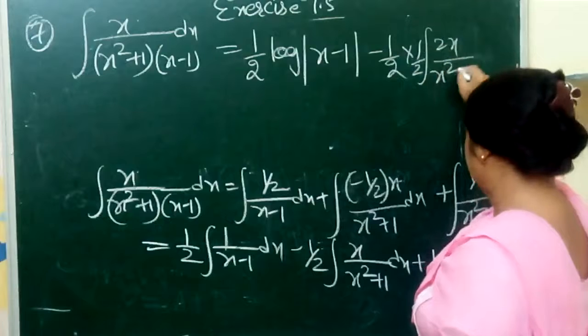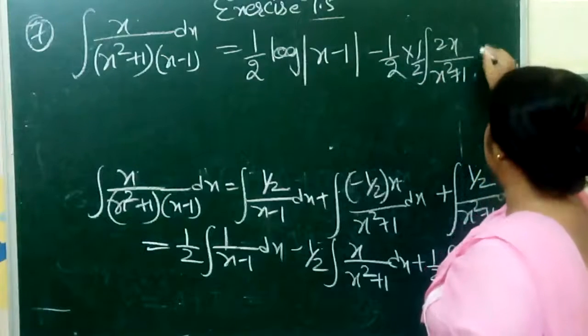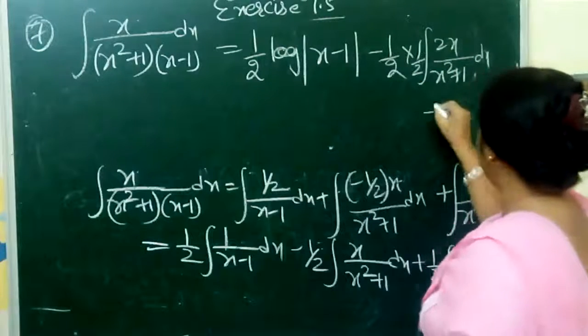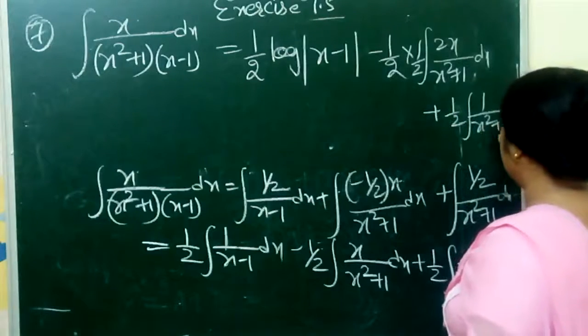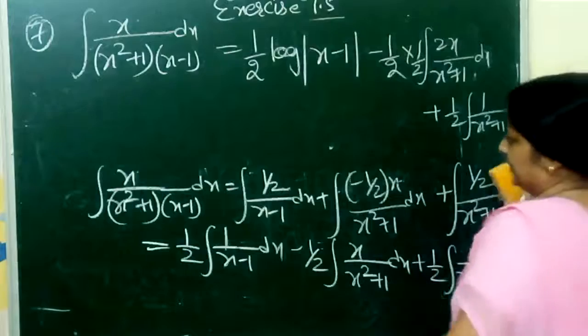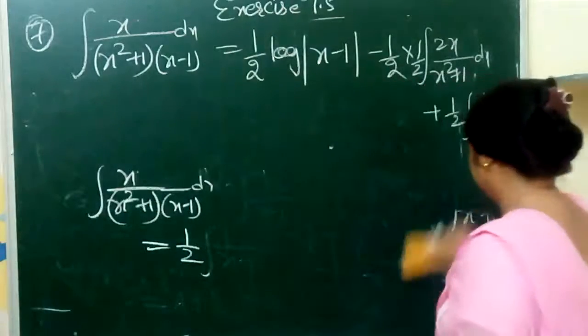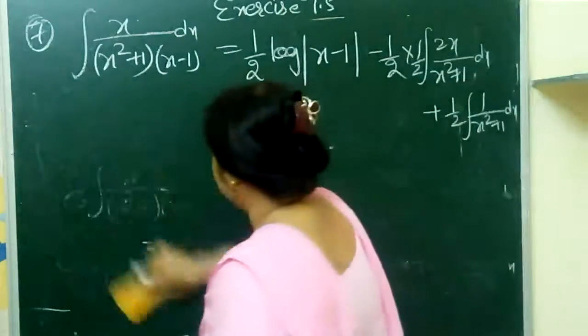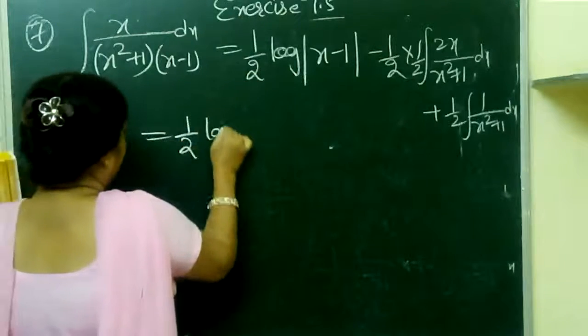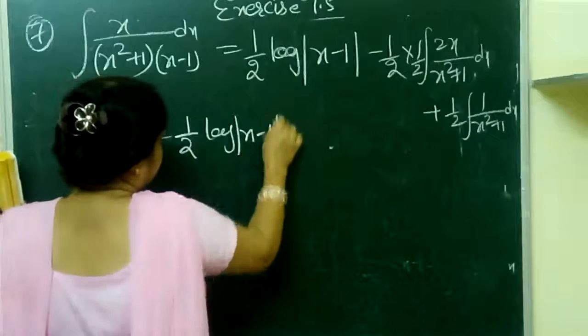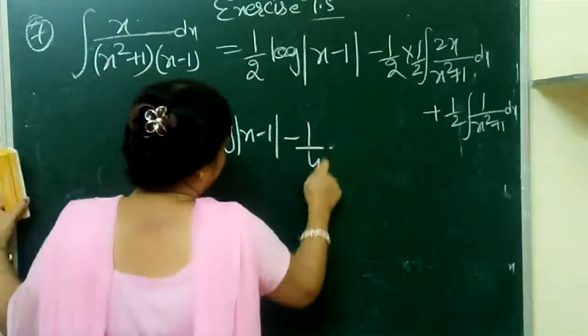So x square minus x square plus 1 dx, and here half of 1 upon x square plus 1 dx. Now after that, this term is coming here: 1 by 2 log of mod x minus 1 minus 1 by 4.